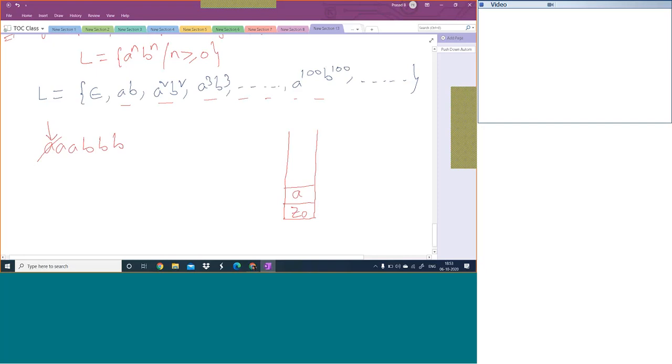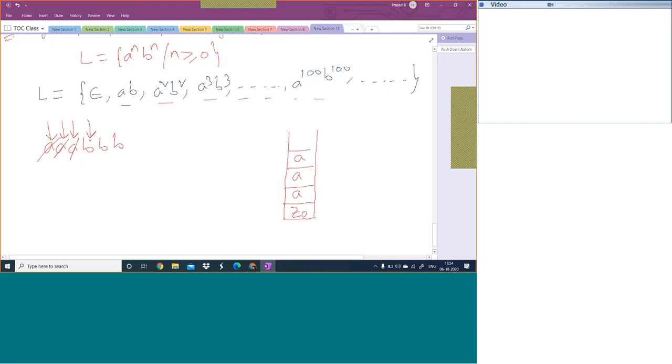Then the machine will move to the next input symbol. If the next input symbol is also A, that A will be pushed again into the stack. Then the machine will move to the next input symbol. If this is also A, that A also will be pushed into the stack. Like this, as long as A comes, that A will be pushed into the stack one by one. After some time, A will be finished in the input string.